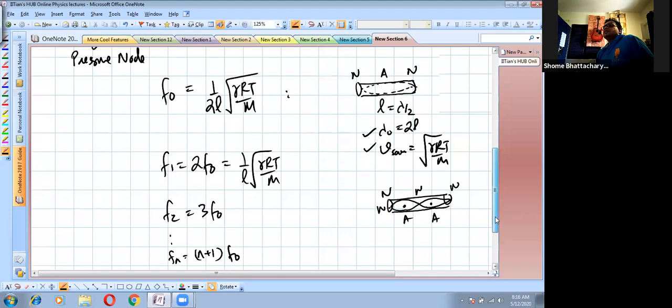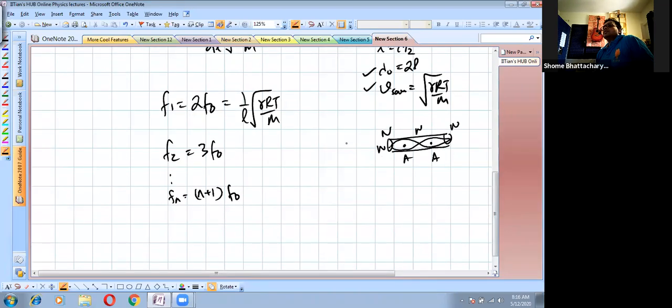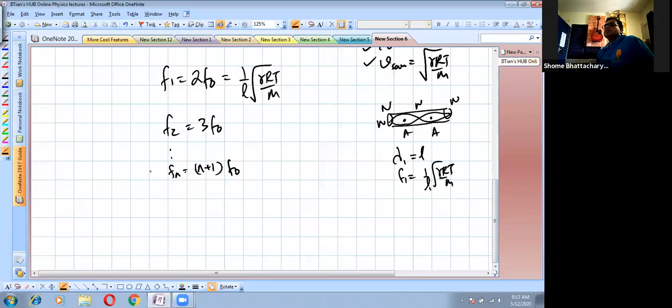So all these general things that you already know. So in the second overtone case, this C is continuous. So this becomes the general formula.